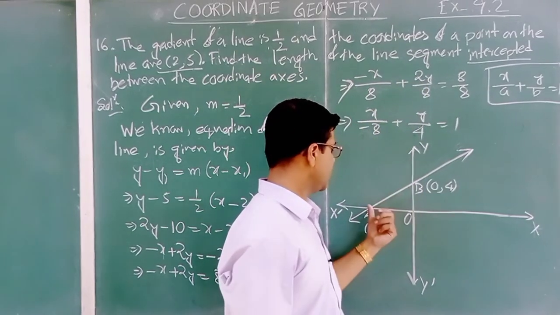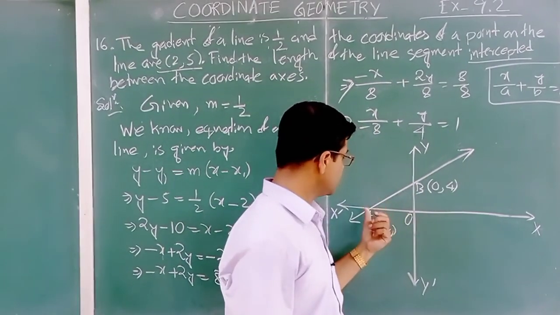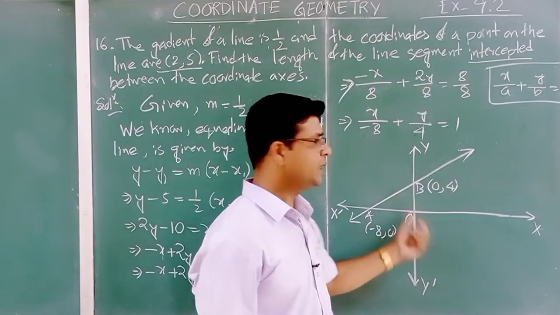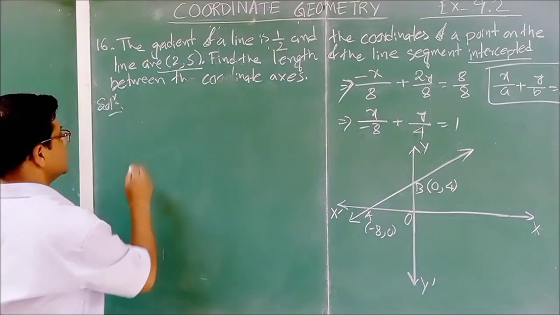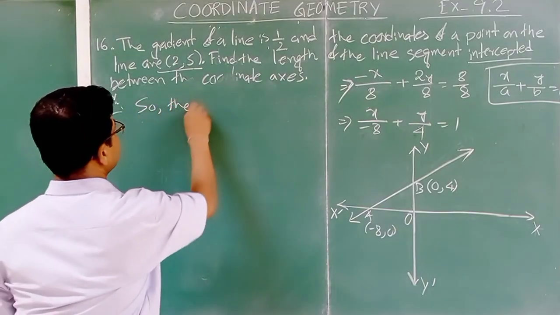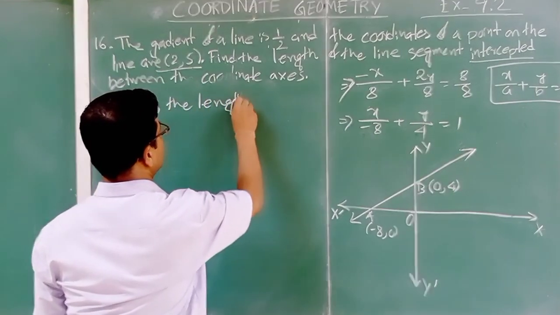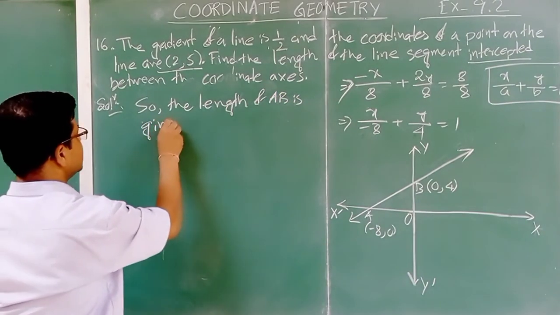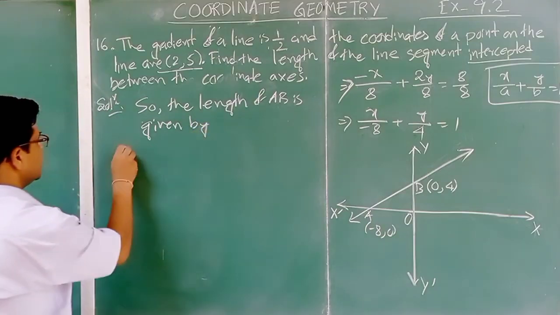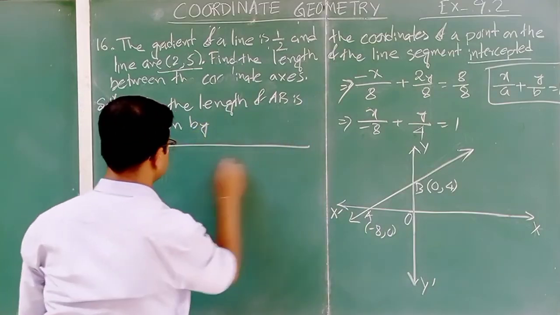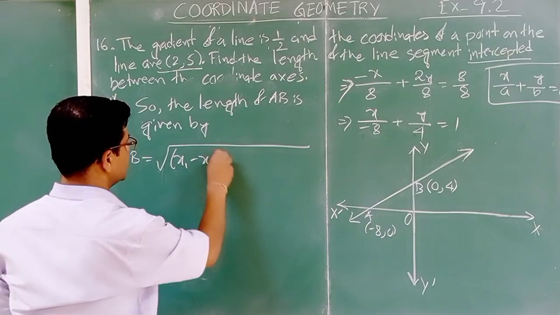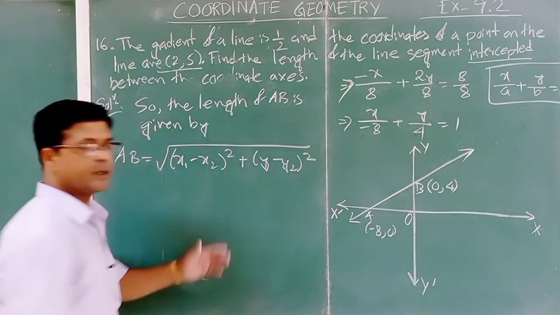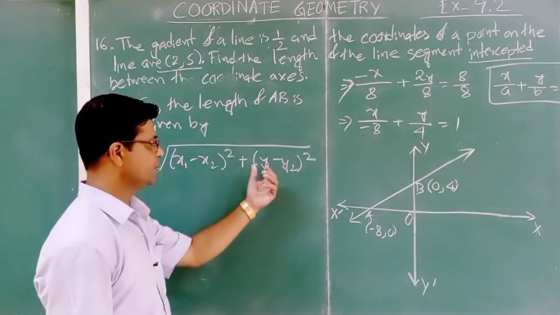Now we have to find this length AB. How will we find the length of AB? By the distance formula. So AB equals the square root of (x2 minus x1) whole square plus (y2 minus y1) whole square.